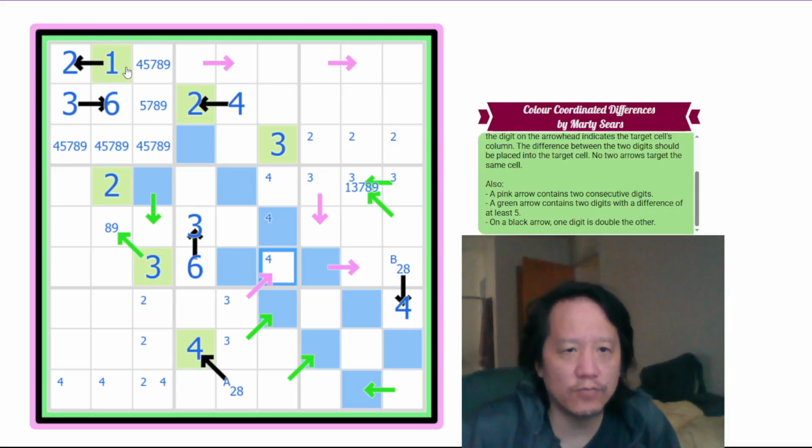We have 1 already set. These could be 1, 2, 3, 4, 5, 6. And there are 5 consecutive arrows. So we don't have all those values.